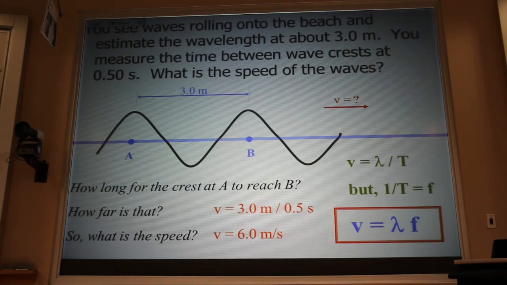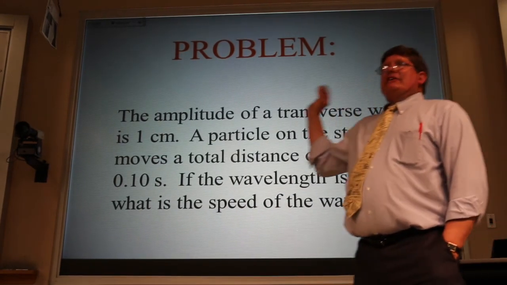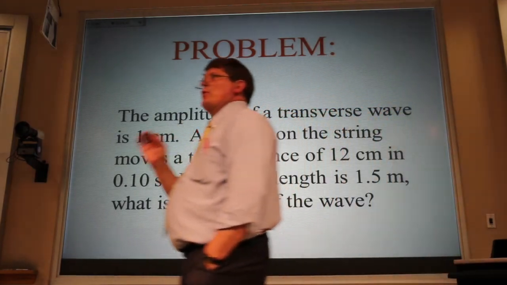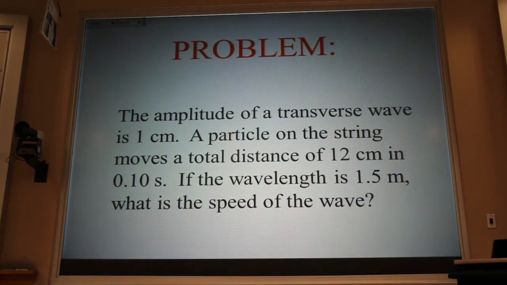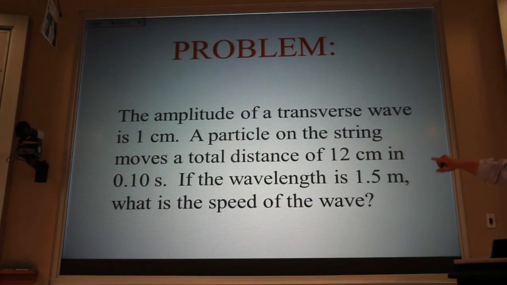Okay. Now, folks, this sample problem here is similar to one of your homework problems for Monday. Now, when I say similar, what I mean is the same. I've only changed one number. Okay, so pay attention. We have a transverse wave that's traveling on a string.